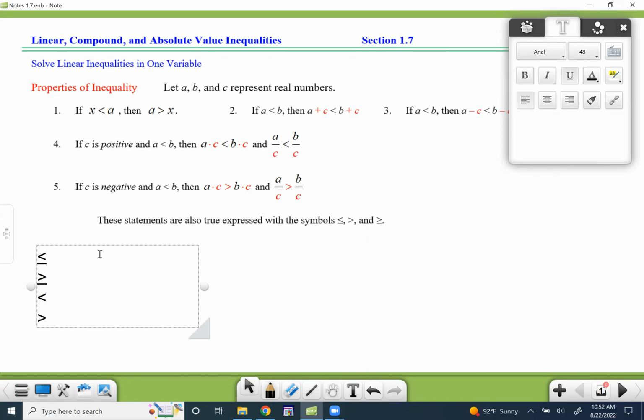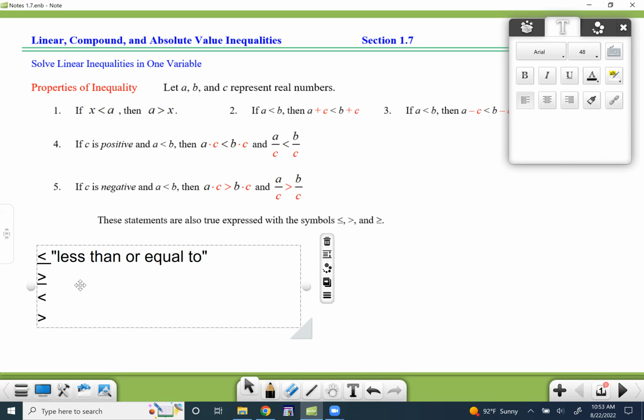So this one is actually going to be called less than. And this is less than or equal to.